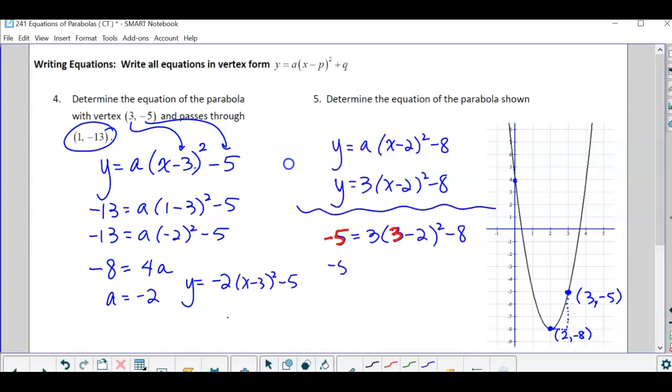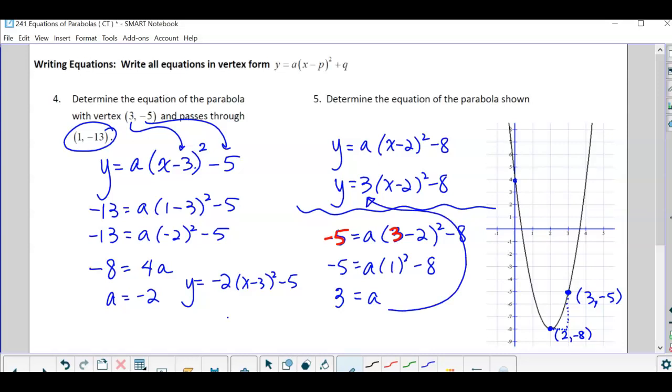And then you don't know what a is. That's the whole point. We're doing it this way. So then that's a times 1 squared minus 8. Bring the 8 over. That's 3 equals a. And that's what we have.